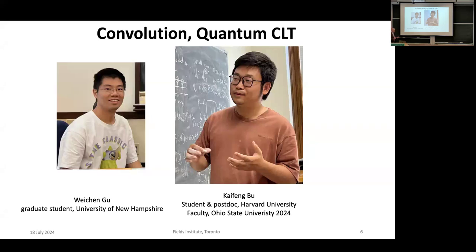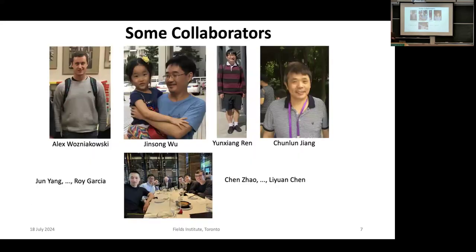And there's a student, Weichen Gu, who spent some time at Harvard as a visiting student, just finished a PhD at the University of New Hampshire, and he's going to be Kaifeng's postdoctoral fellow in the fall. So I had many other collaborators recently, and here are just some pictures to indicate that there was a large group of people coming through Cambridge that I've interacted with.